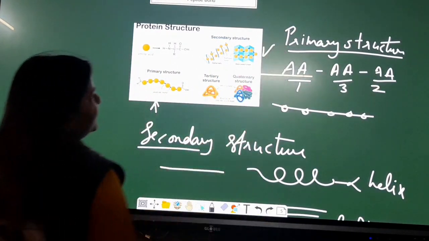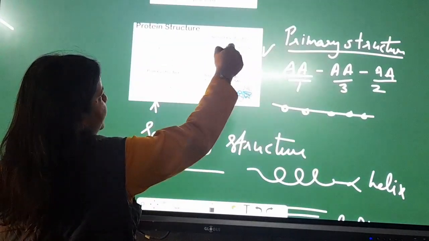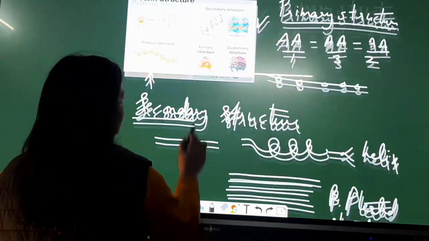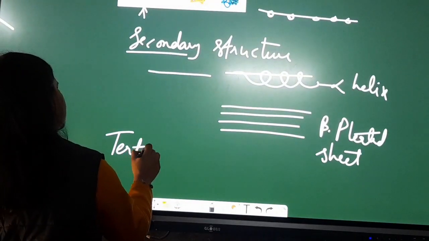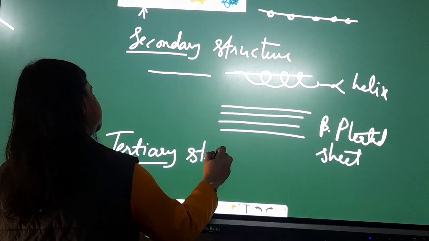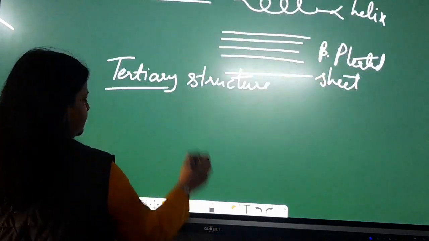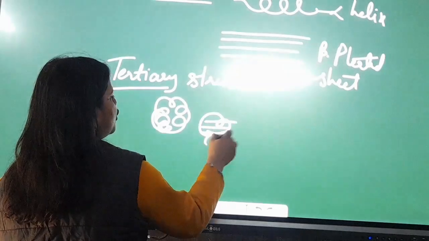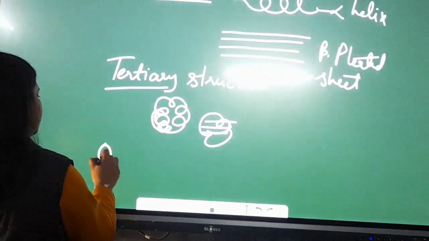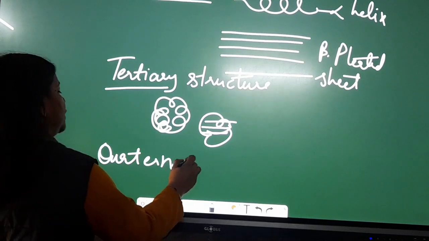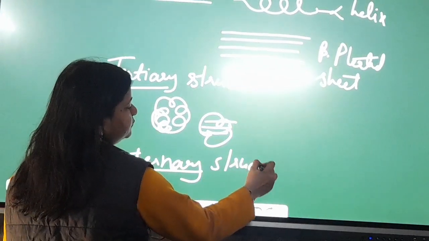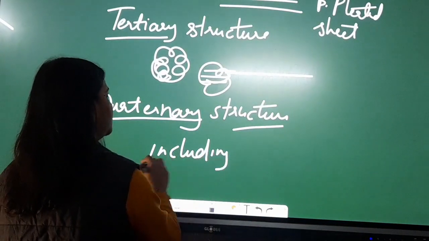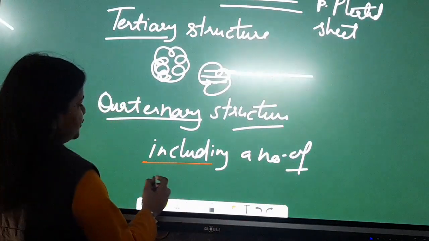You can see here this is the secondary structure, in which two are shown: the alpha helix structure, which is in helical form, and if the layers are arranged like a sheet, we call it a beta pleated sheet structure. Now there is a tertiary structure, in which these helices or beta pleated sheets are coiled on themselves. This is called tertiary structure. Quaternary structure includes a number of these tertiary structures.